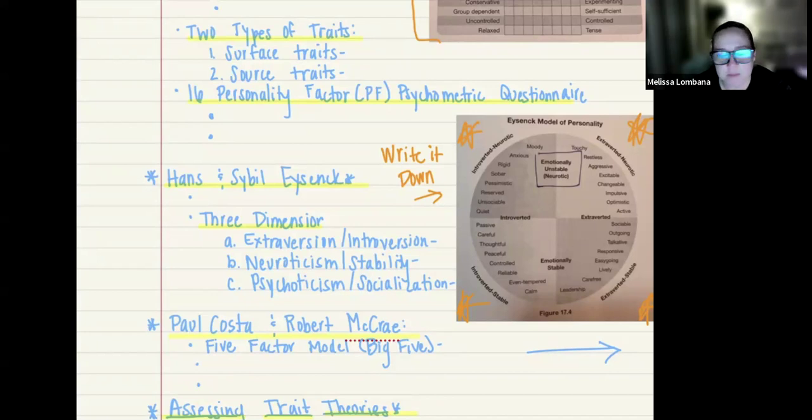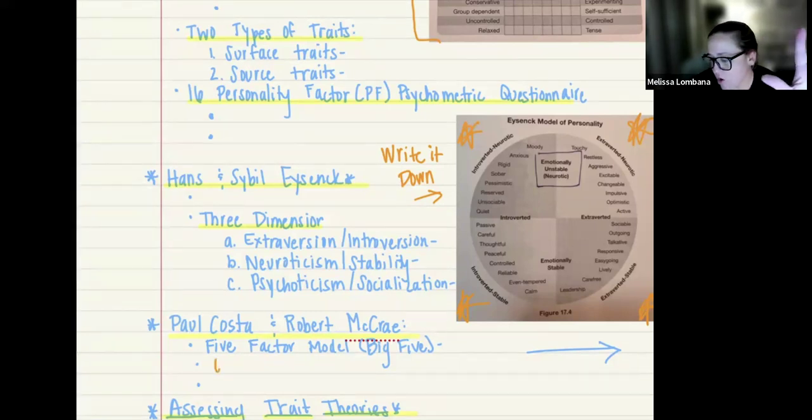And they developed a list of 5 traits or factors called the 5-factor model, or it's also called the Big 5. Now, the way that they organize this, and make sure you're writing all this down, is by using 5 adjectives.